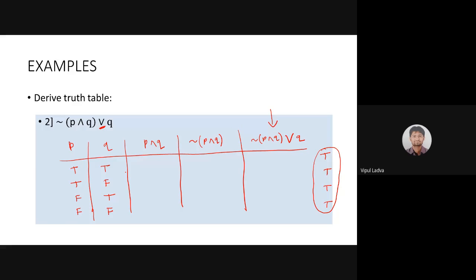Alza, can you unmute yourself? Can you provide me the truth value of the last column, that is, the disjunction of the negation of P and Q with Q? Mic is not working. Expected.